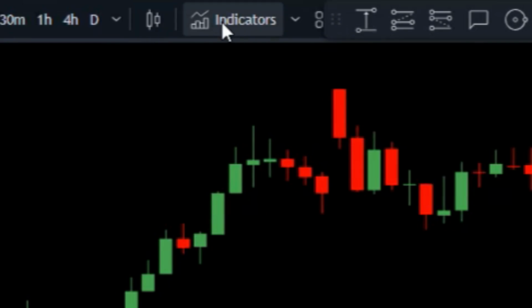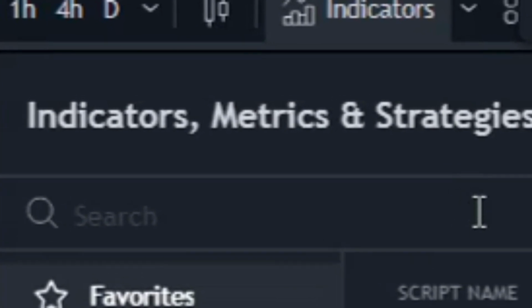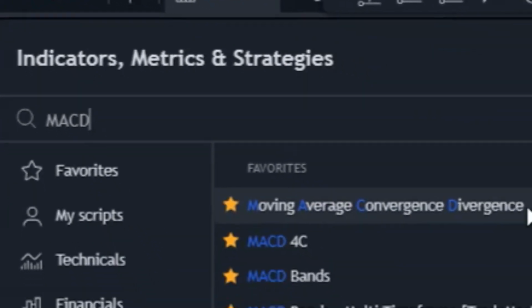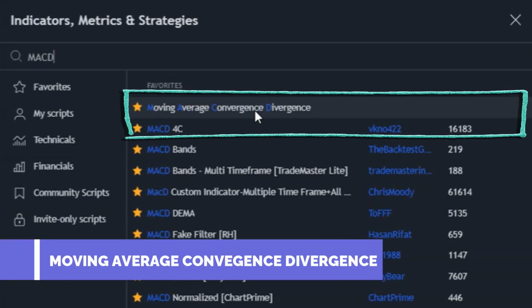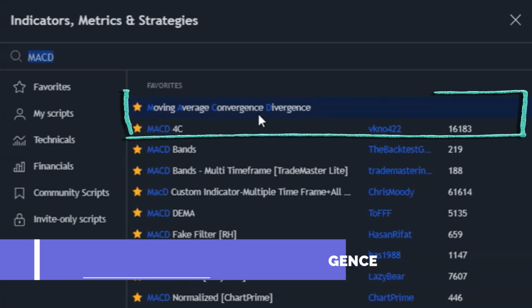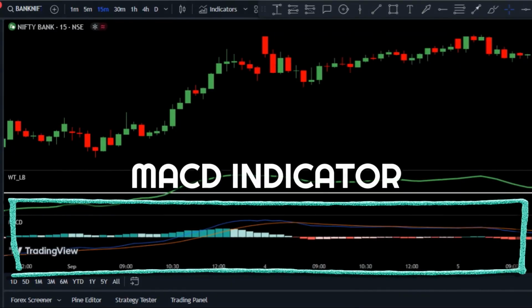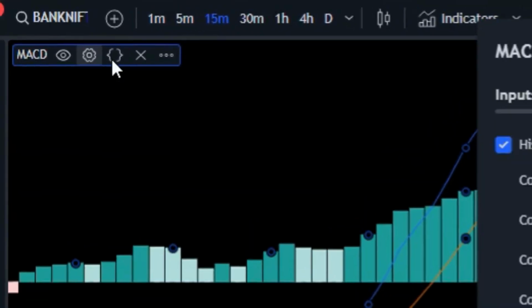So this time, add the MACD indicator to your strategy. At this point, just like me, adjust the indicator settings.